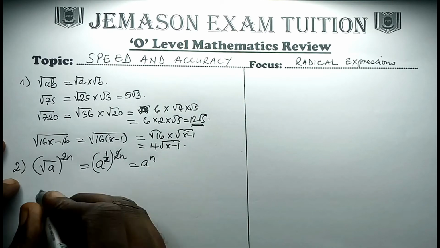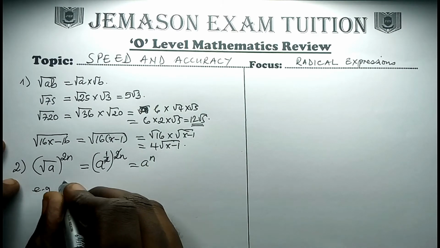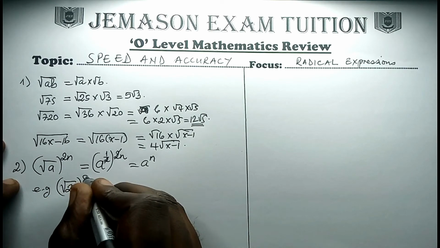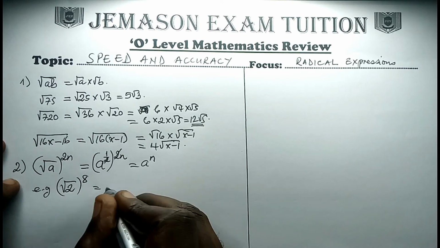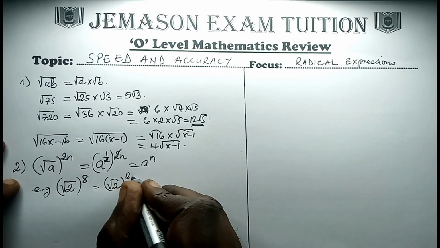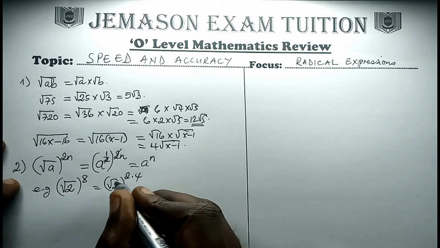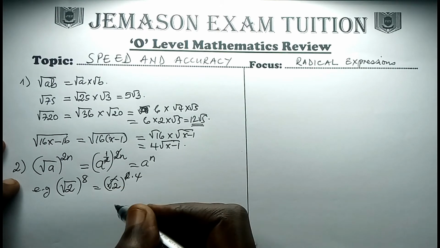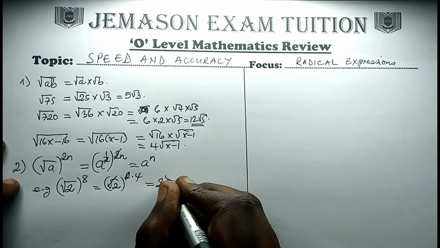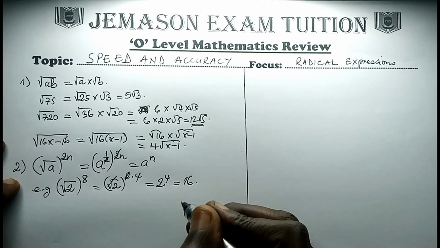So if I had a situation where I am supposed to raise root 2 to the power of 8, what I will simply do is root 2 to the 2 times 4, and the root 2 and 2 will cancel, and the root sign and 2 will cancel, and you are left with 2 to the 4th, which is 16.